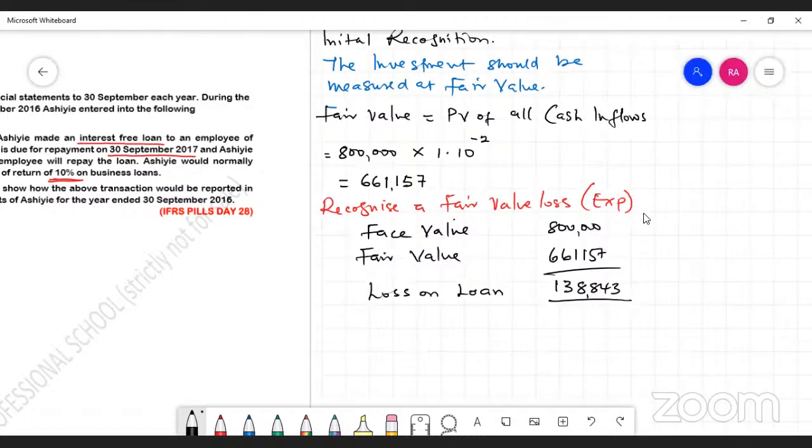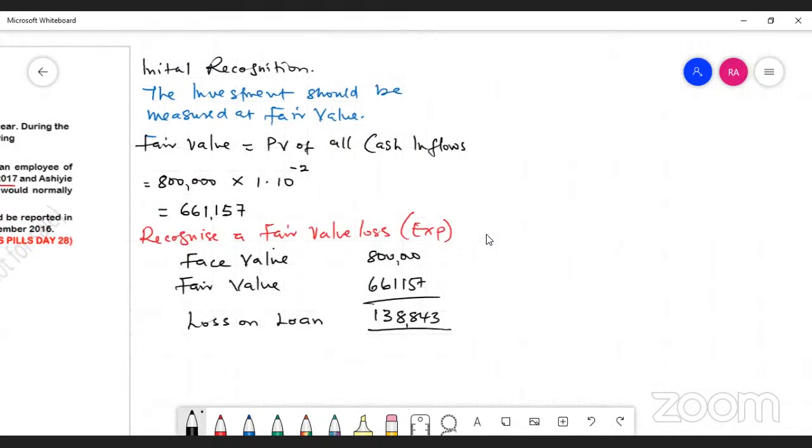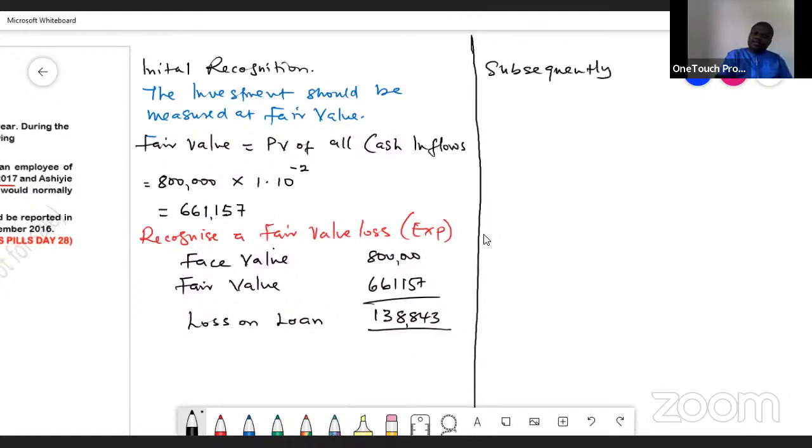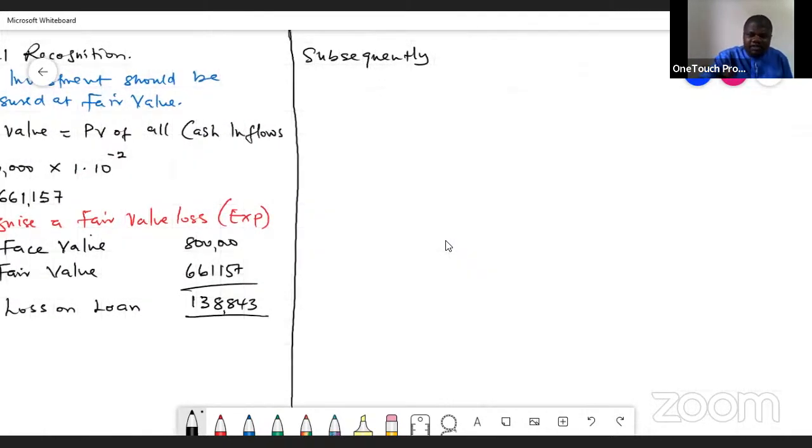So subsequently, the fair value is carried at amortized cost.